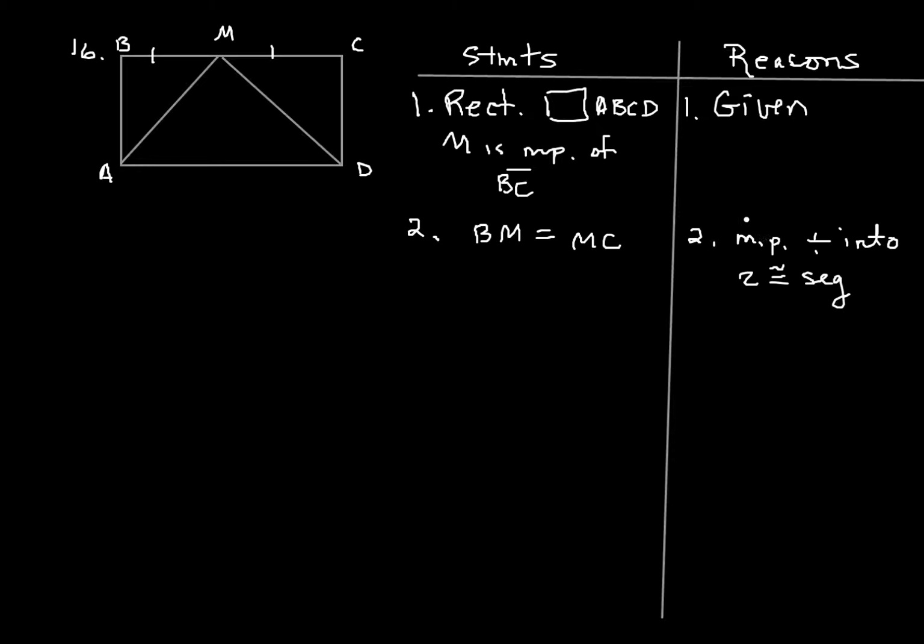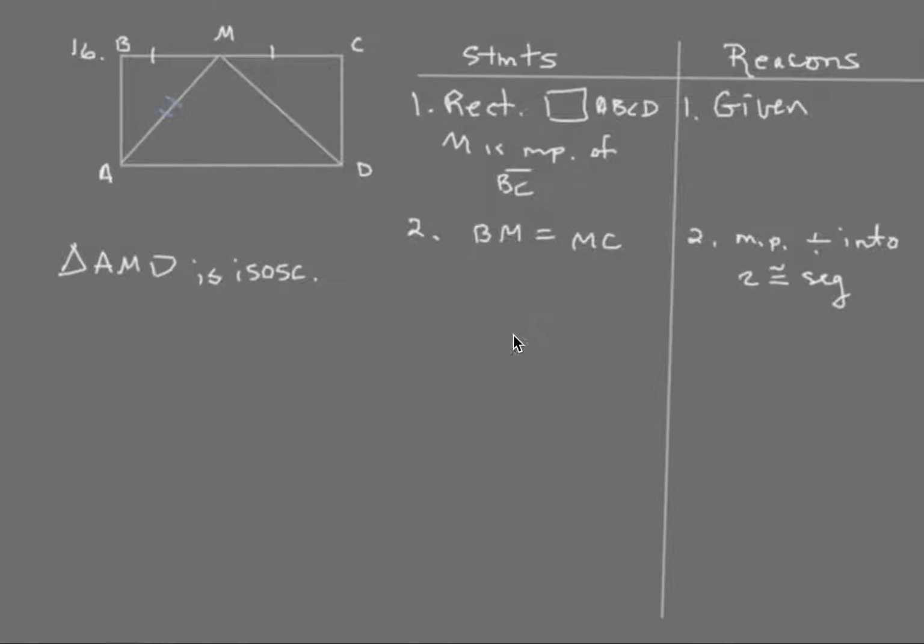All right, so we have that. We're trying to prove that AMD is isosceles. So let's mark that in with our blue. It means that this is congruent to this.